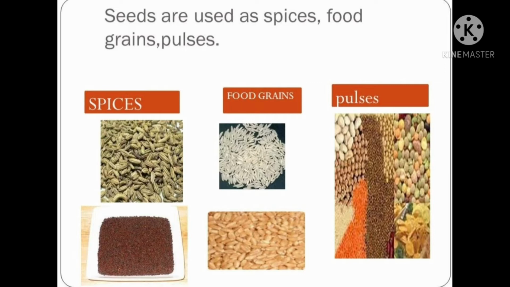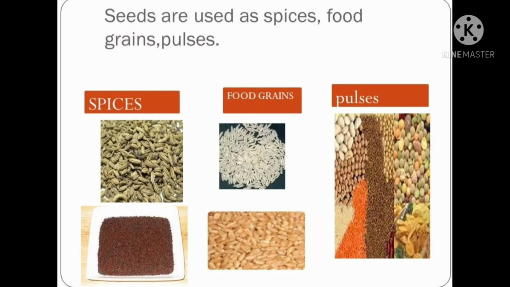In the following slide, you can observe the use of seeds in different genres, like seeds as spices, seeds as food grains, and we can observe in the grains that there is also rice, which is a very important part of our day-to-day life.